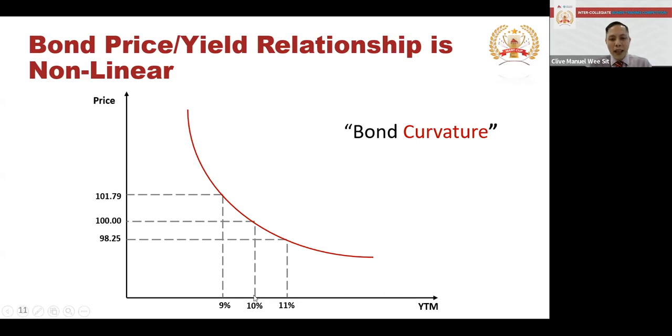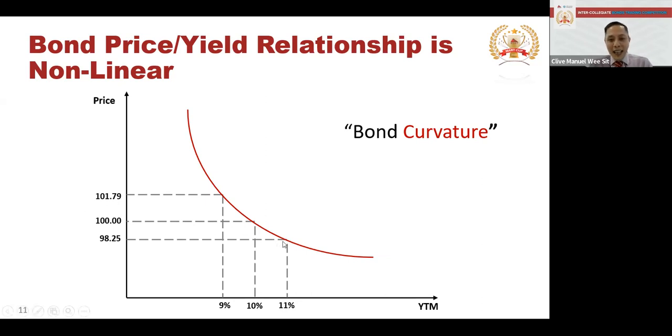We started off with a 10% yield bond, and then we saw what is going to happen when we increase the yield to 11% or decrease the yield to 9%. So either way, it's a plus 1% or minus 1% difference in your yield. Now, what do we see in terms of the price, assuming you have a higher yield by 1% or a lower yield by 1%?